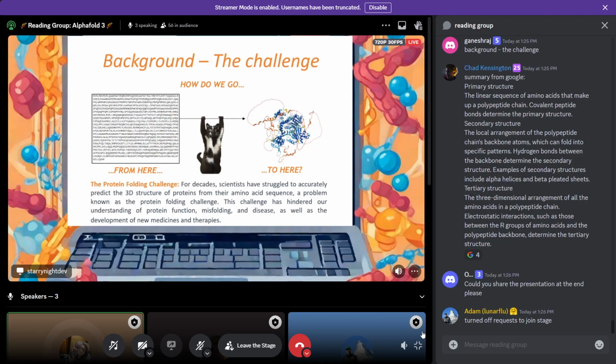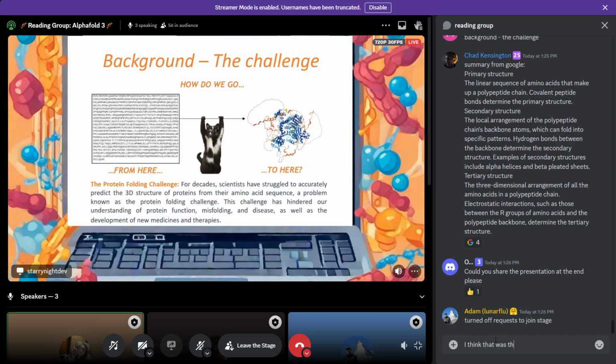Antibiotics, for example, mostly interact with proteins in bacteria. So if you don't know how the protein you are going to target is structured, you can't design an effective treatment for that protein.